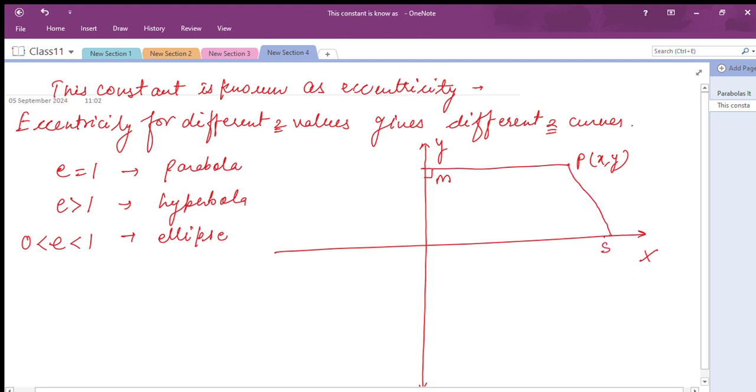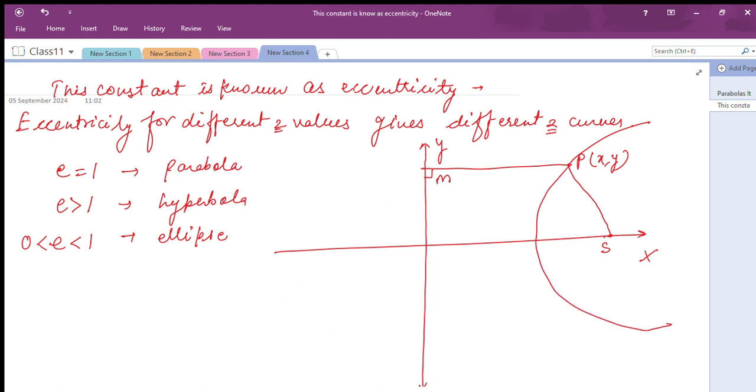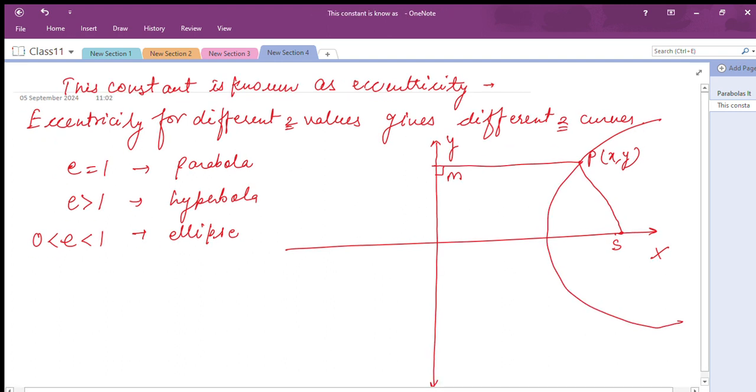The distance of the focus is PS. So this moving point makes the parabola like that, and this is called the vertex, and this is the axis of the parabola. And this line is called the directrix. This is the conic, meaning the parabola.